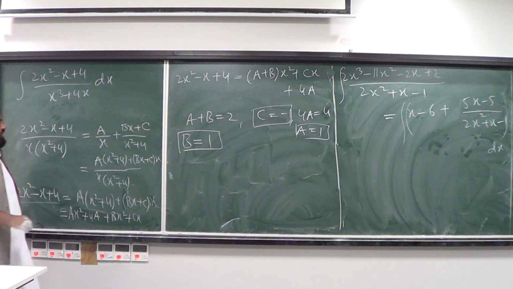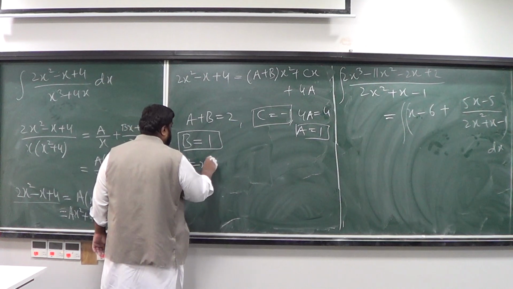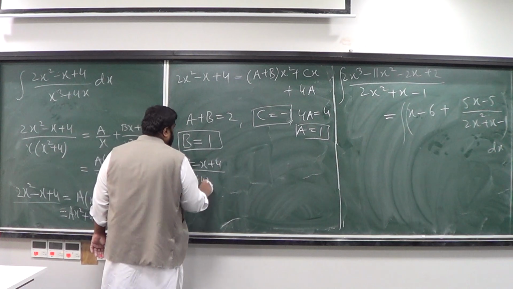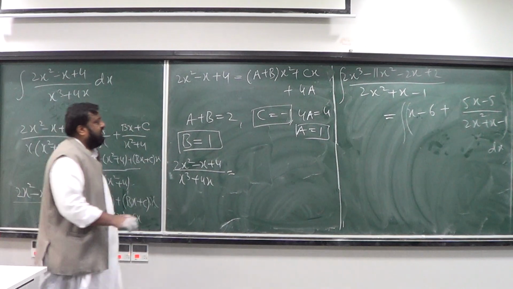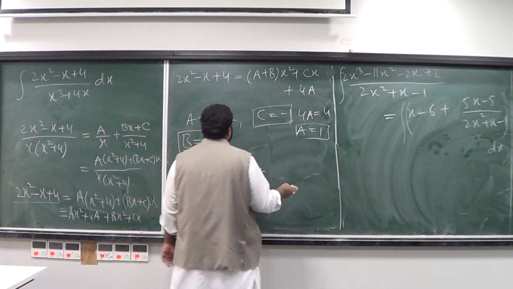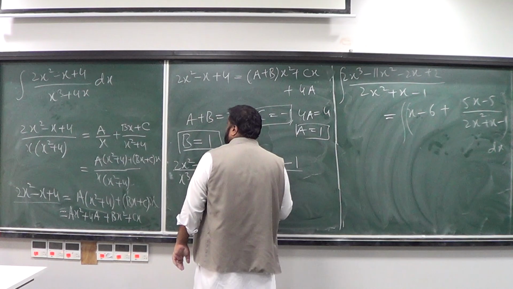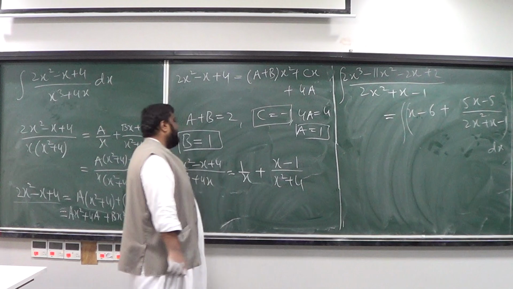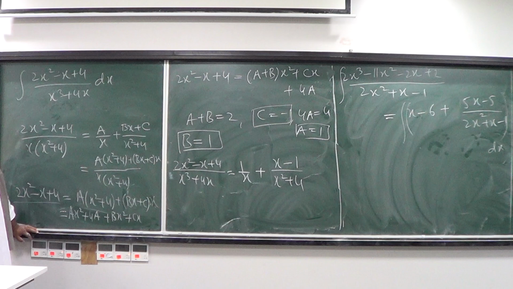So this means this (2x² − x + 4) divided by (x³ + 4x) can be written as a by x, which is 1 over x, plus (bx + c), so it's going to be (x − 1) divided by (x² + 4). So now you have got your polynomial in an interesting form.